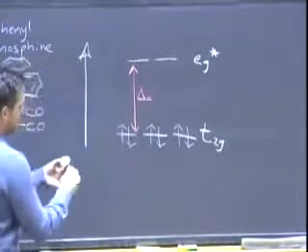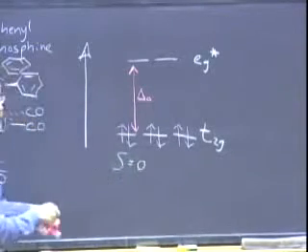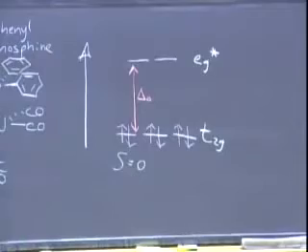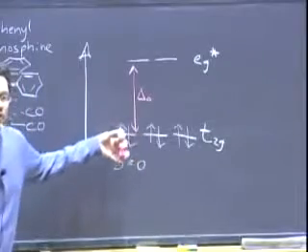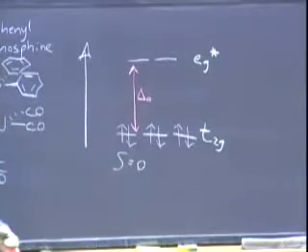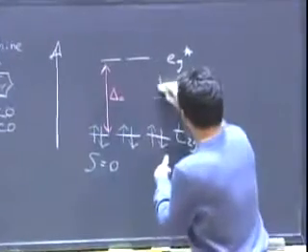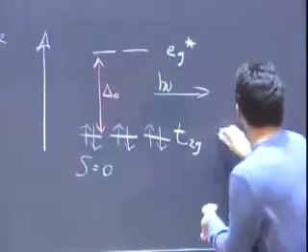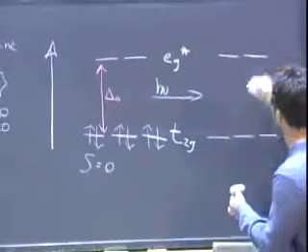That means that we have an S equals 0 state with the system not being paramagnetic, all the electrons paired up in t2g, and this big gap. What happens when we add a photon to the system? We can promote the system into an excited state.